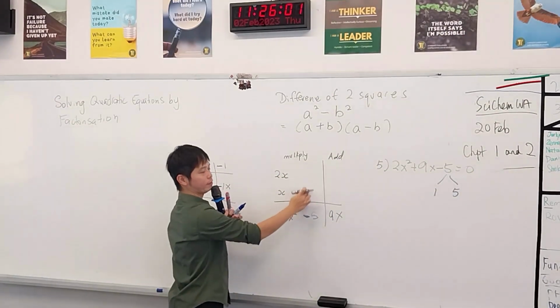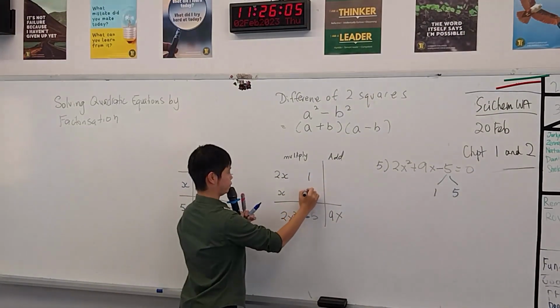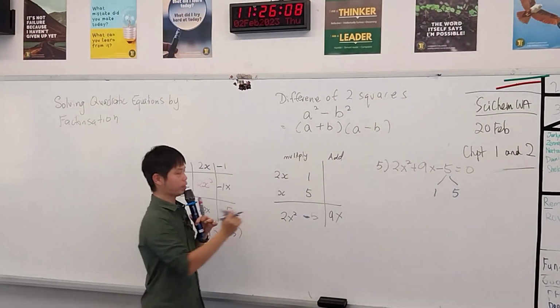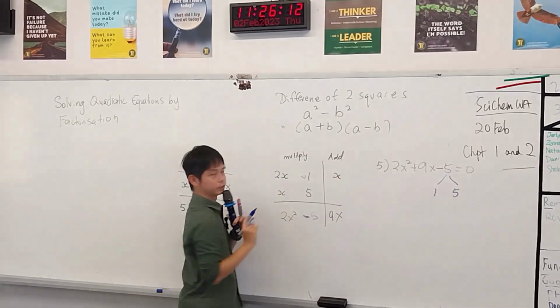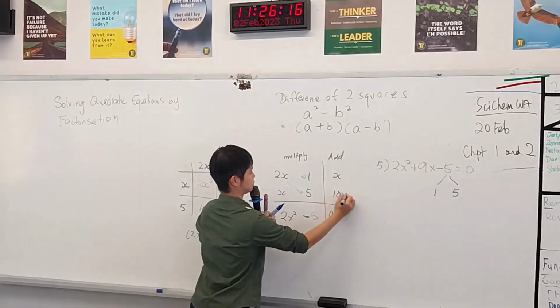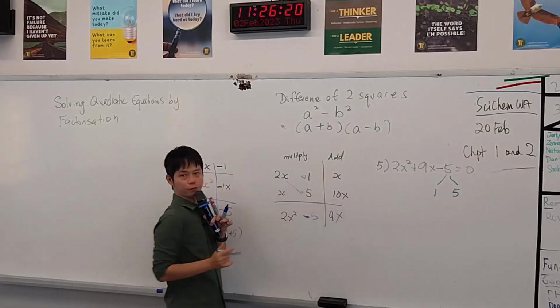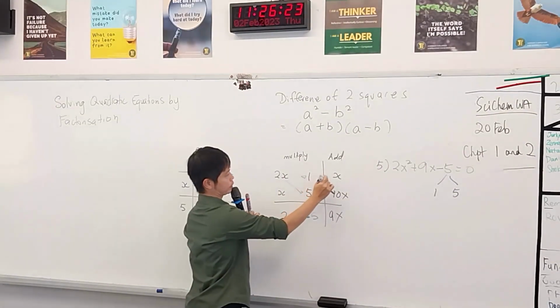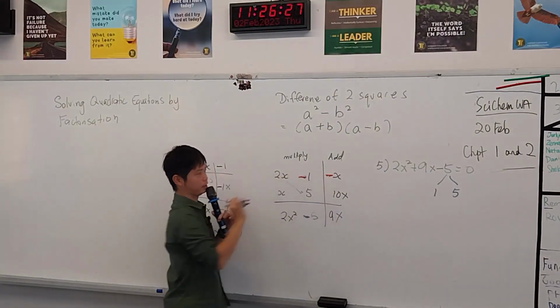So I will try 1, 5. When I cross multiply, I will get x here, and 10x. Which one is negative? You will know that the x will be the negative one, and therefore this is negative.